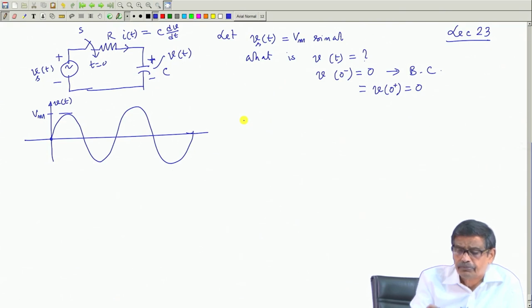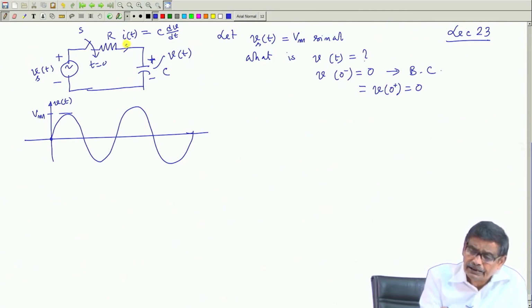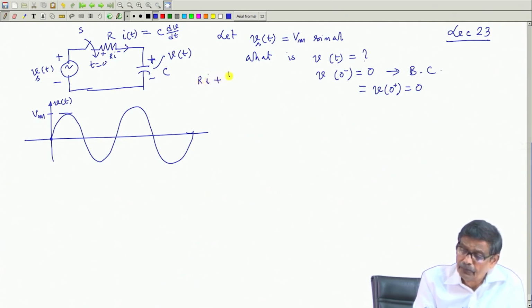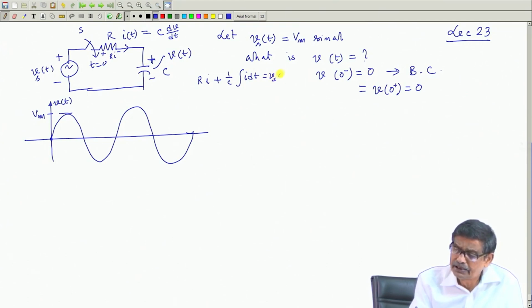If you have the expression for capacitor voltage, C into dV/dt gives you I(t). Otherwise, the KVL equation is R I plus 1 by C integral of I dt equal to Vs(t), which is perfectly okay.